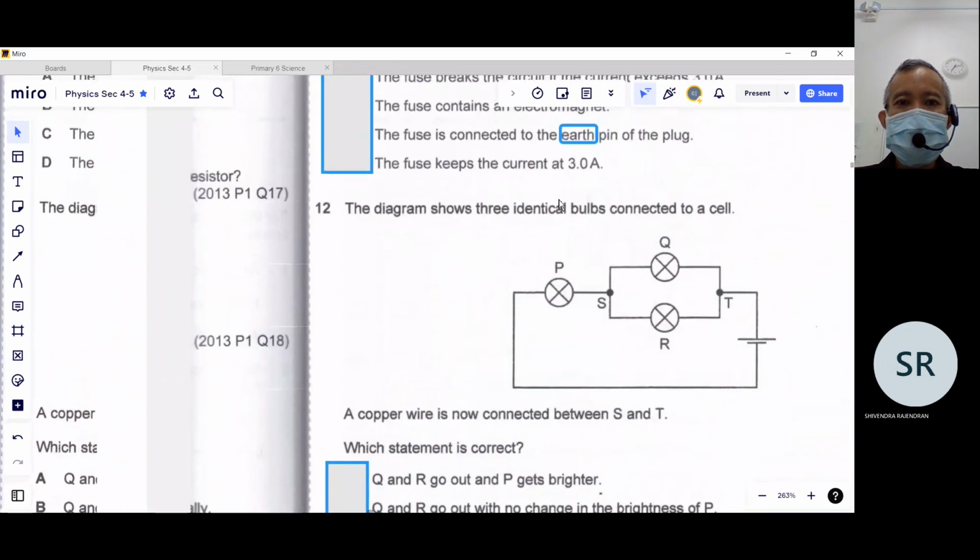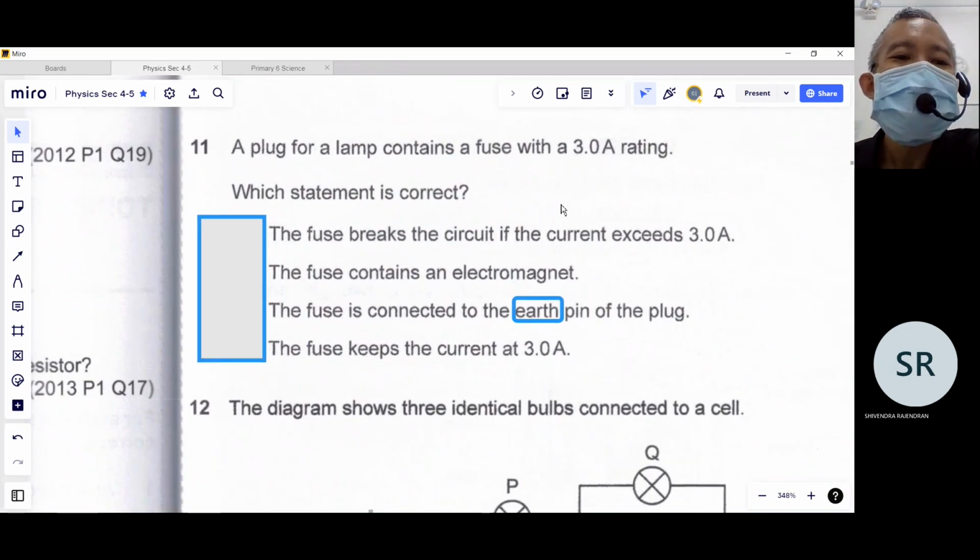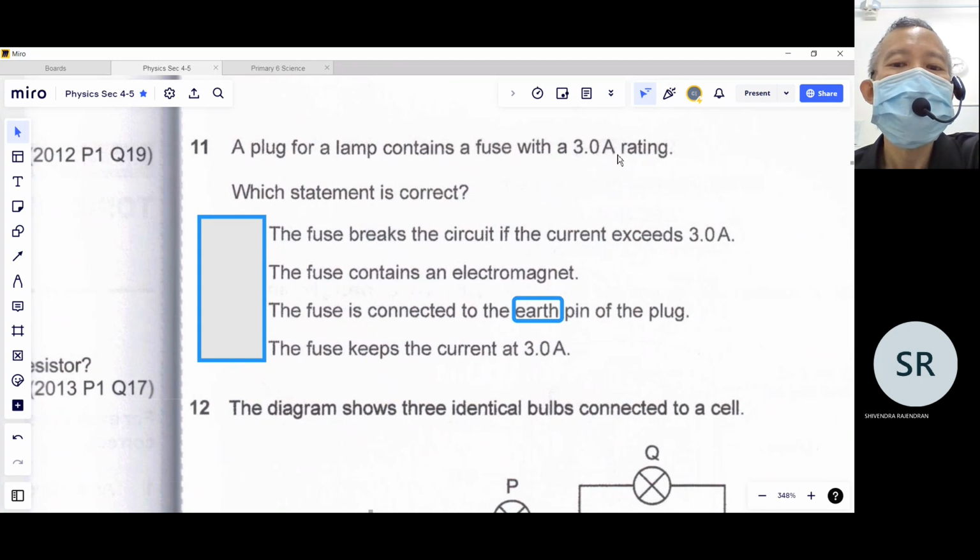Okay, look at number 11. Let's try thinking through this one. The fuse has a rating of 3 ampere. So which statement is correct? What's the purpose of the fuse?